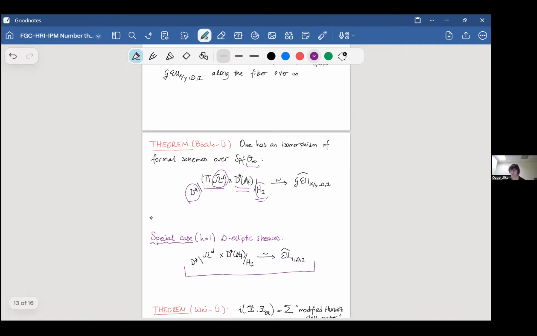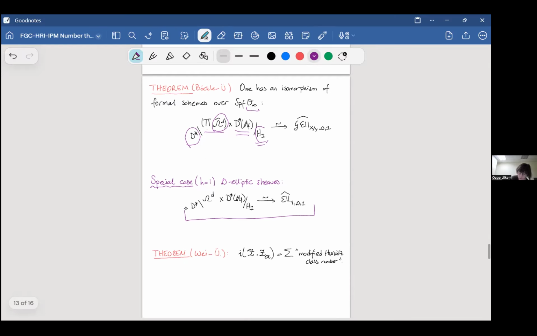So I provided such a proof. But as an application of this, we use this uniformization theorem for D-elliptic sheaves to define cycles on Hecke correspondences associated to the moduli space of D-elliptic sheaves.